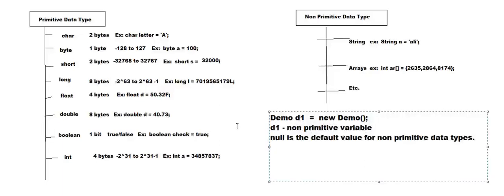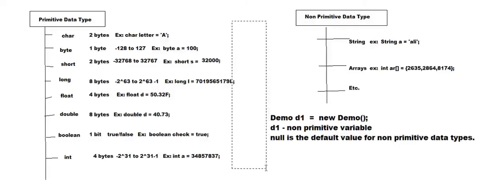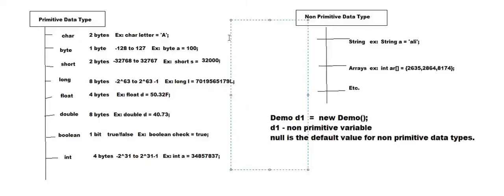Now the question comes, what are the default values for these things if we are not initializing them? For char, what will be the default value?